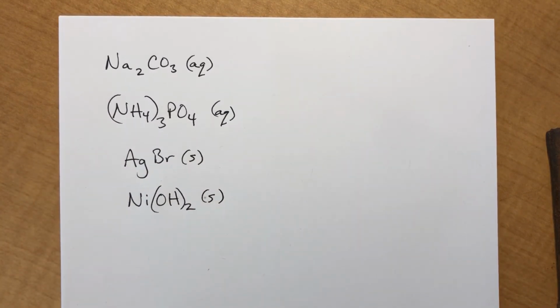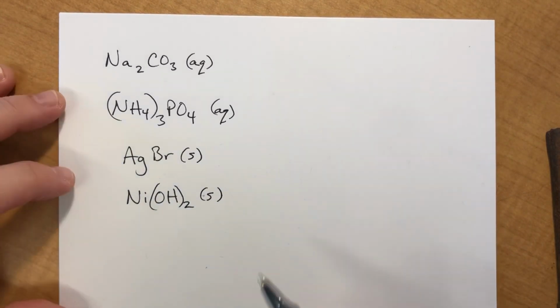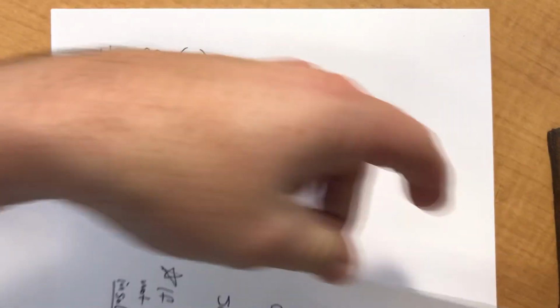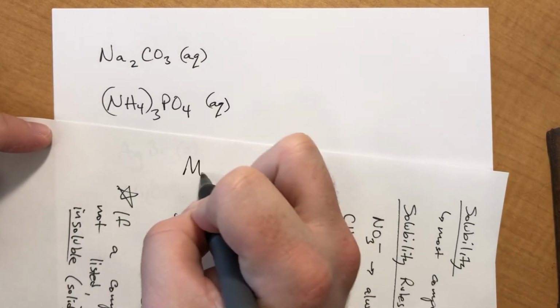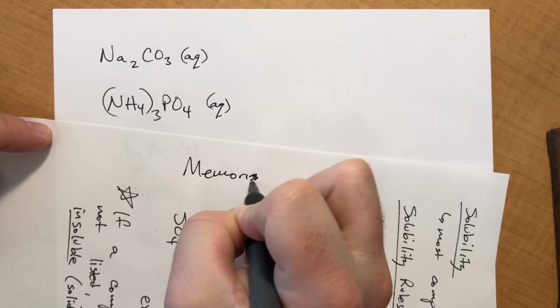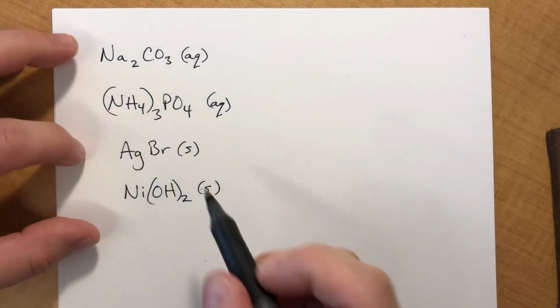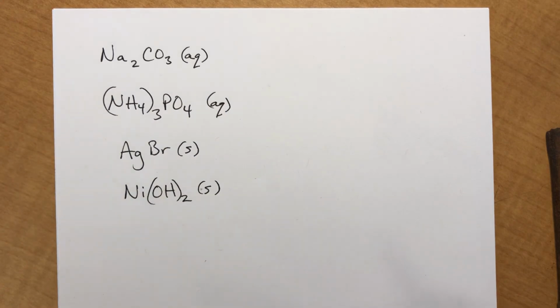The idea is, if you can memorize this list, which I will need you to memorize, then if you see a compound, you'll know whether or not it will dissolve easily. Okay, all right, thanks.